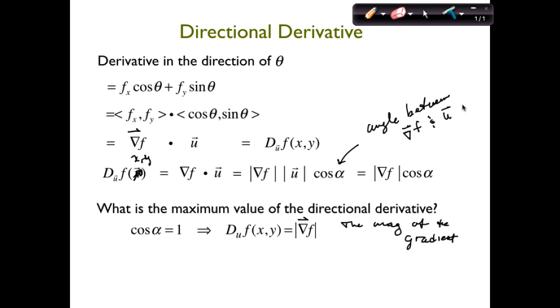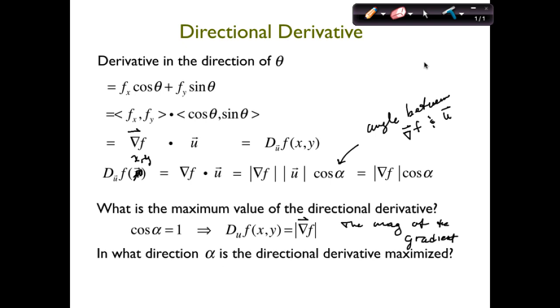Okay, and then in what direction? So the maximum value of the directional derivative is the magnitude of the gradient. And in which direction should we go to get that maximum directional derivative? So what alpha is going to make cosine alpha equal to 1? 0, right?